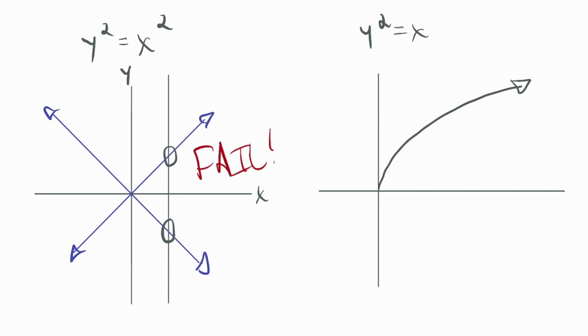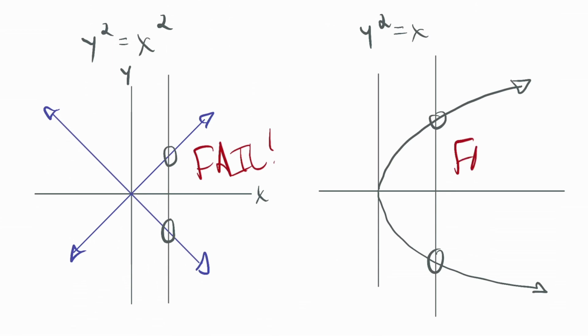So if you graph this one, it looks a little bit like this. It's like a sideways parabola. So if you make a vertical line, this hits twice. So this fails. Okay. So when we want to do calculus on things that are not functions, it is more complicated and can be problematic.